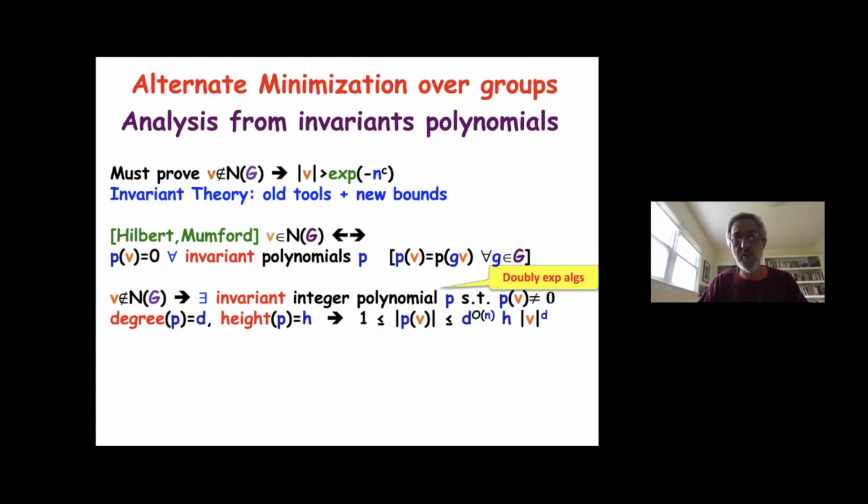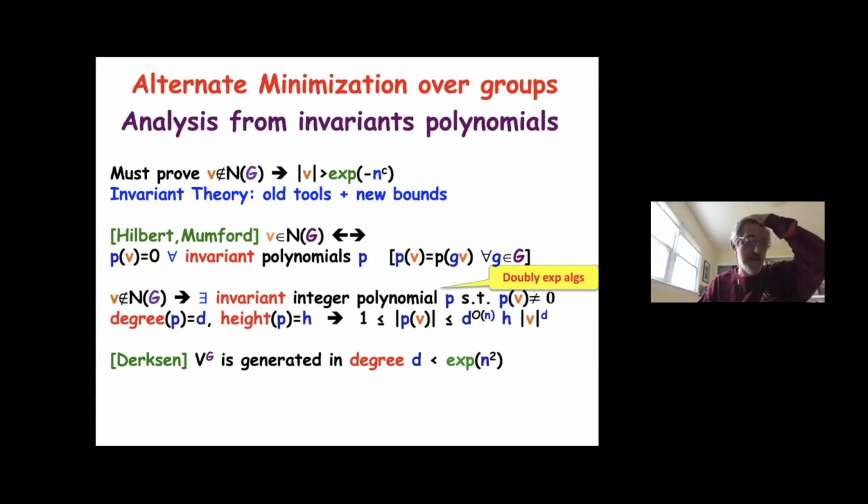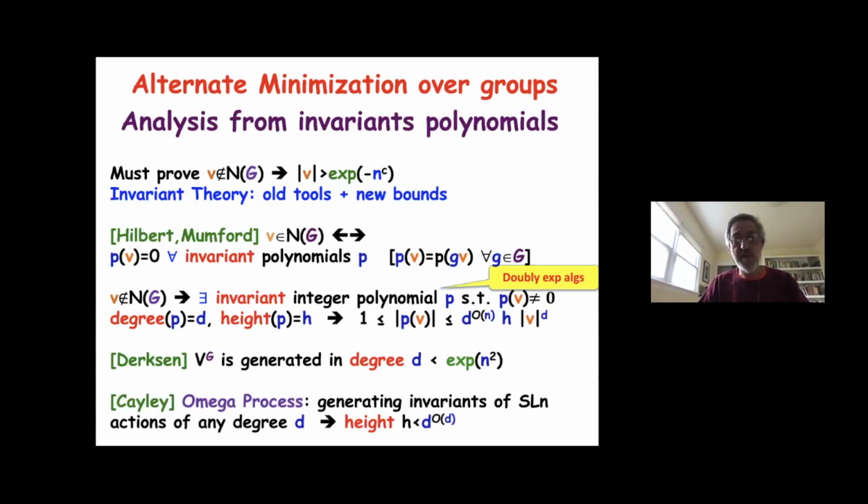And the question is, how lucky do you get with this? One important lucky result is that of Derksen from about 20 years ago: all these invariant rings of reductive groups are generated in degree at most exponential in n squared. The other thing we need to prove is a bound on the height of the coefficients of all these polynomials.